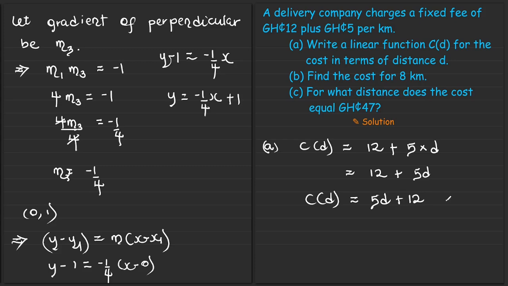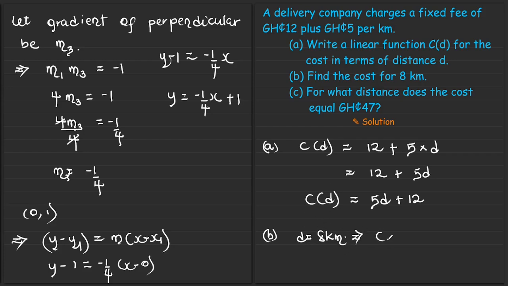So this is the equation that represents the charge of the company, and it is a linear function for the cost in terms of distance d. That is the first part of the question. The second part says, find the cost for 8 kilometers. It simply means our d has become 8 kilometers.